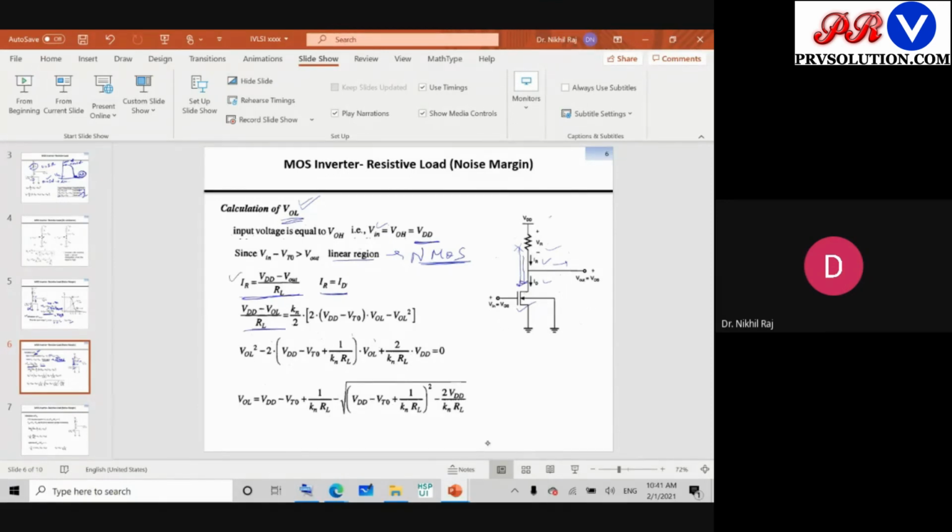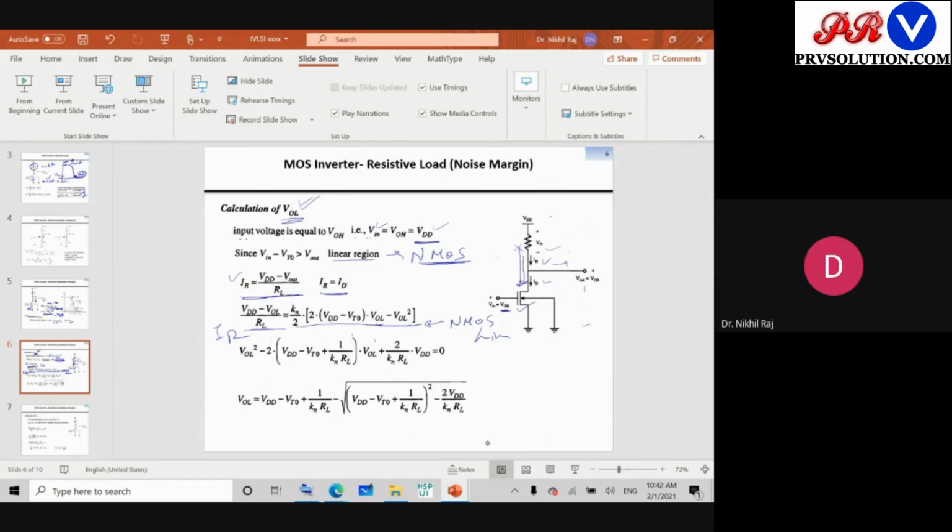So this is your IR current, and this is your NMOS linear equation current, that is Kn by 2 into 2 times (VGS minus VT) VDS minus VDS square. What is VGS? VGS is VDD, so VDD is placed here. VGS minus VT into VDS. What should VDS be? VDS is nothing but VOL. So VOL minus VDS square, that is VOL square. So this is the equation.